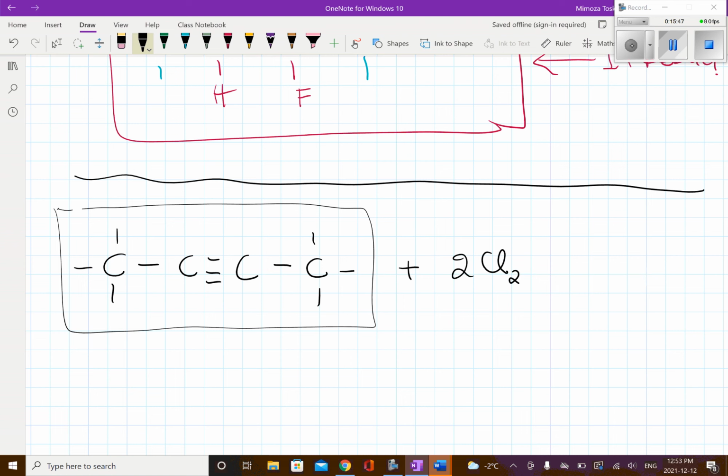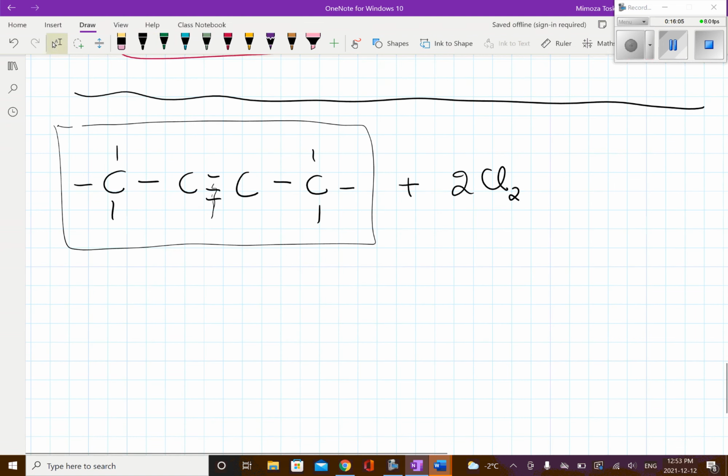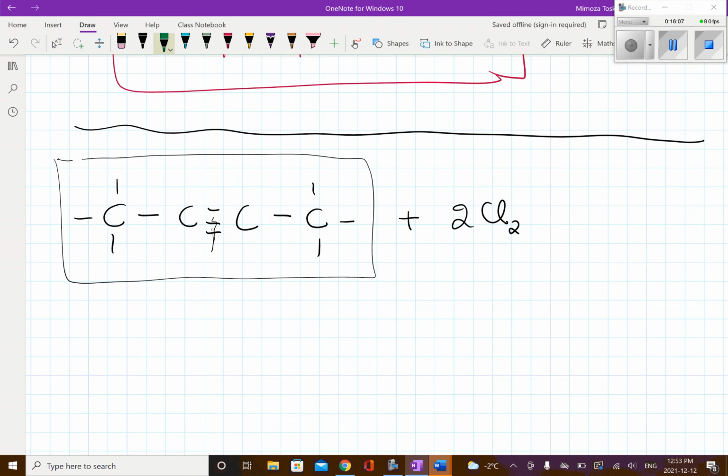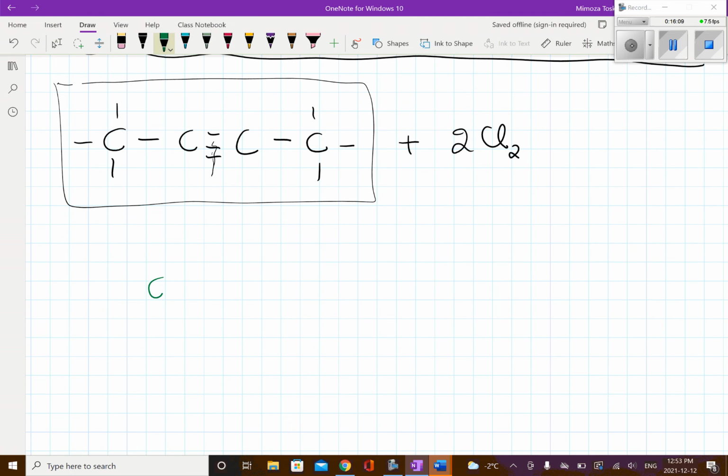If the possibility to break more than one bond in multiple bonds is based on the second reactant, then this is what will happen. Not only one bond, but two bonds will break down, and then what we will have is all four carbons connected between each other with single bonds.